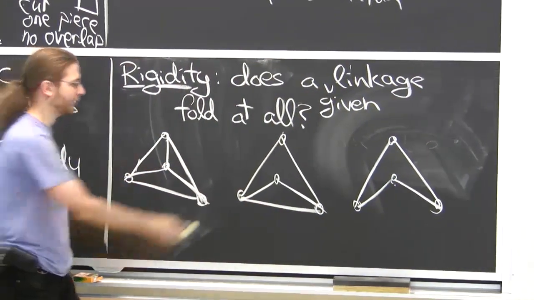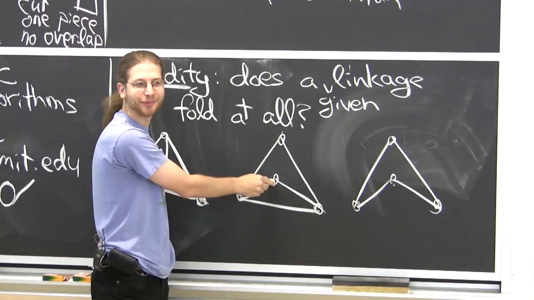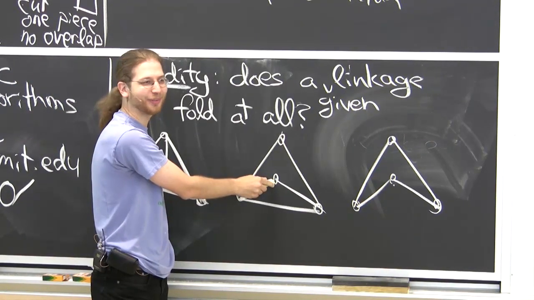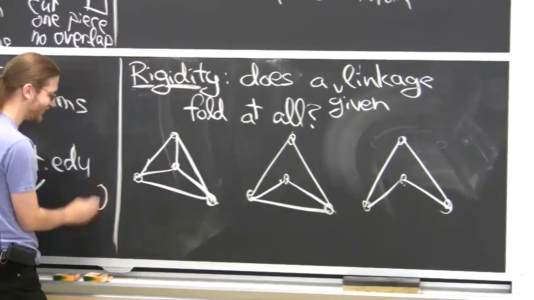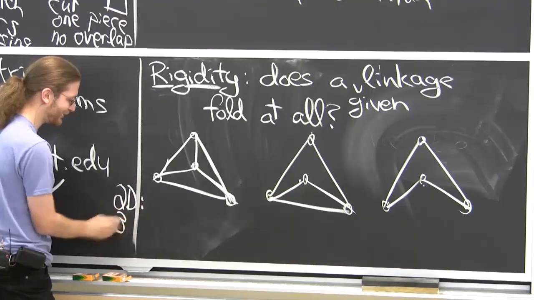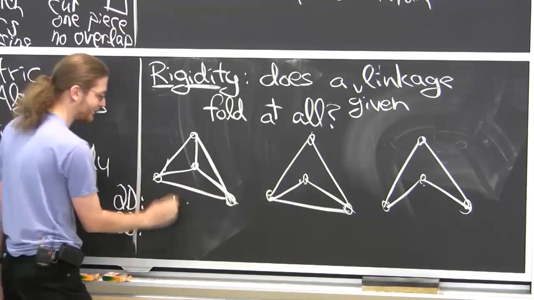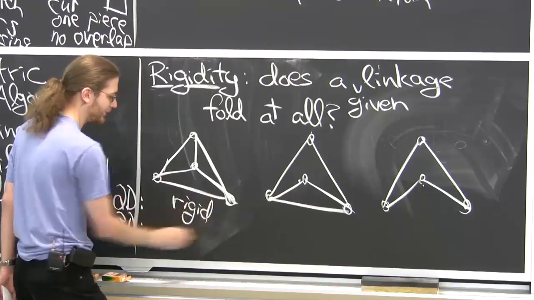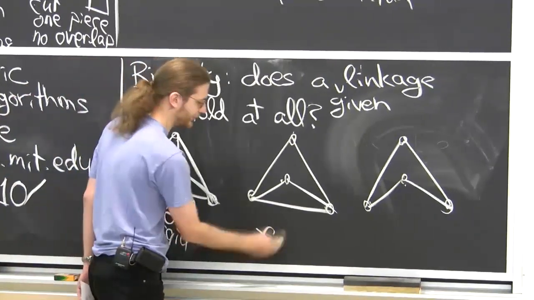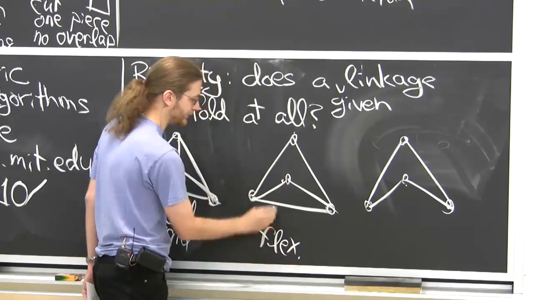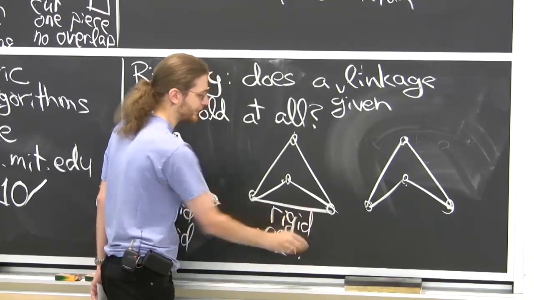Rigid, I agree. Rigid or flexible? Rigid. Any other answers? Flexible, correct. Both are correct. In 2 dimensions, it depends where you live. In 2 dimensions, this is rigid no matter what, in any dimension. But in 3 dimensions, this is flexible, and this in 2 dimensions is rigid.